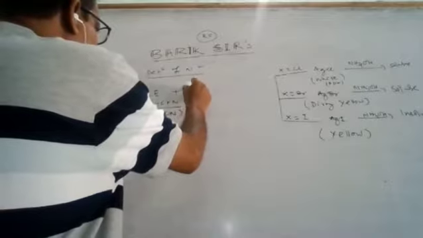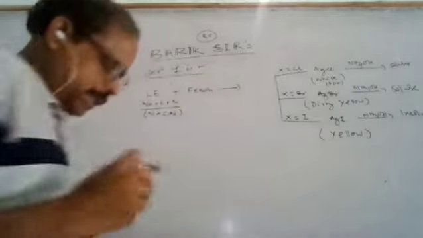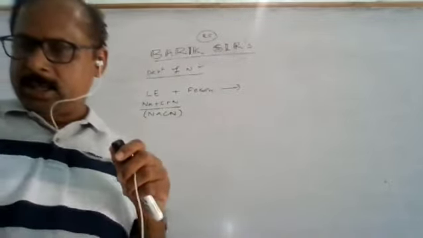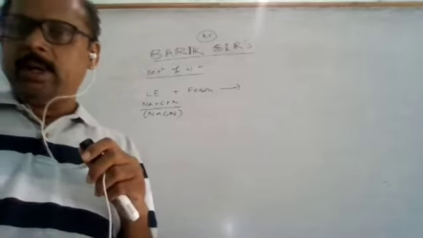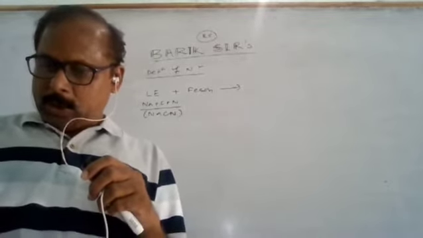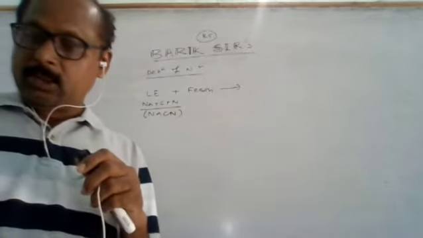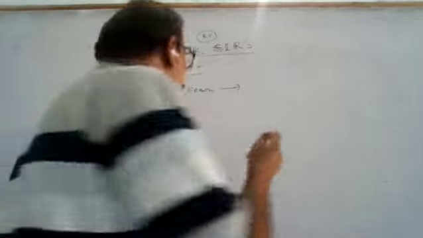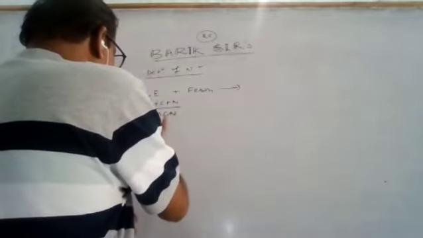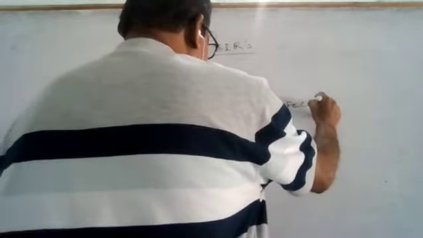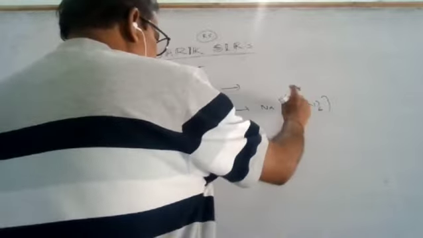When the Lassaigne extract is treated with ferrous sulfate, let me write here, it will be converted to Na4[Fe(CN)6]. That will be ferrocyanide.